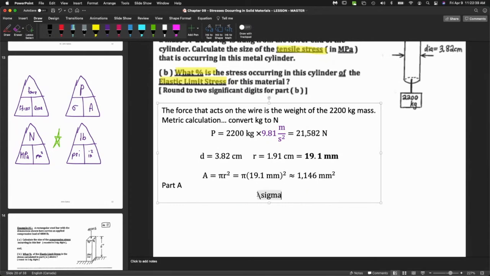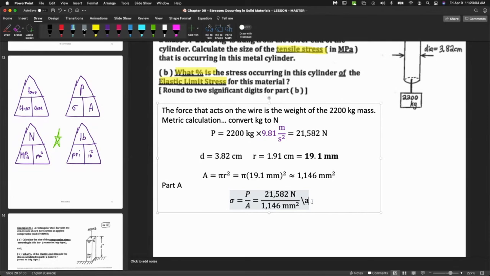So stress is equal to force over area. Force we're given. Isn't this cool? We just copy and paste a bunch of stuff. Now, you don't have that luxury. You have to write this by hand, unless you're typing this. Some of you do like to type things for your assignments, which is cool. I like that. But I'm not going to frown on it if you don't type it.